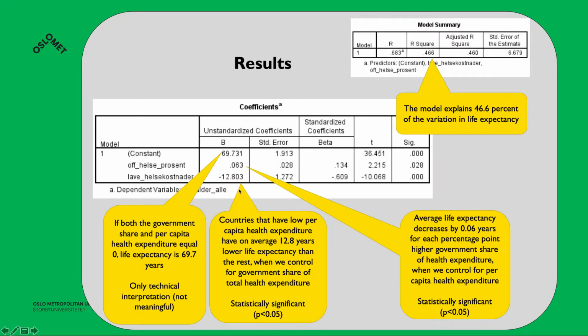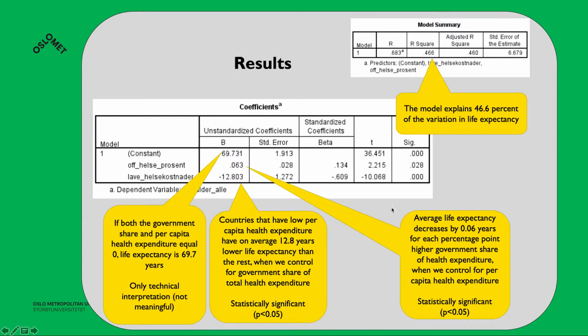And then we have this coefficient, which shows that the average life expectancy increases by 0.06 years for each percentage point higher government share of health expenditure when we control for per capita health expenditures.